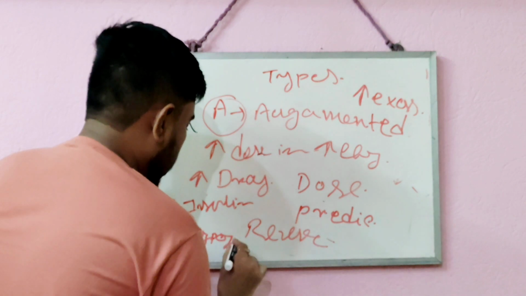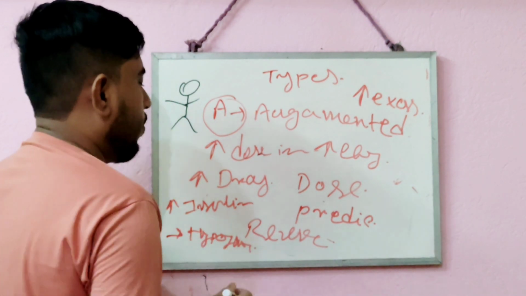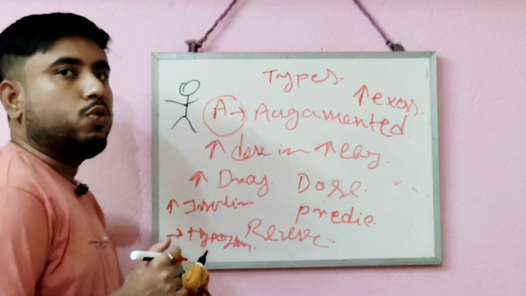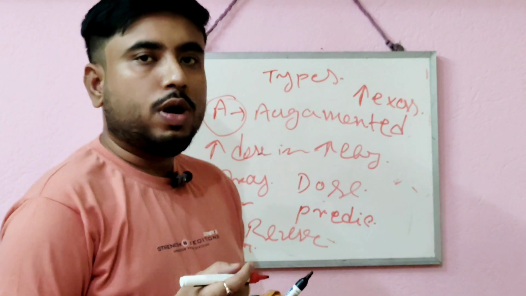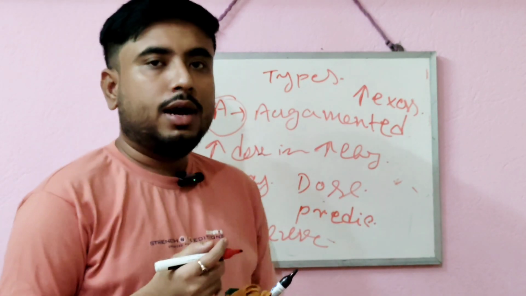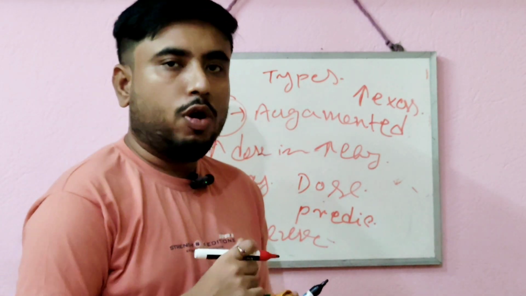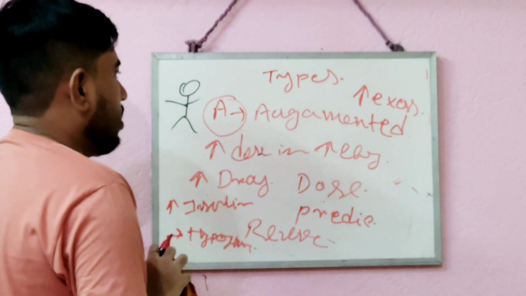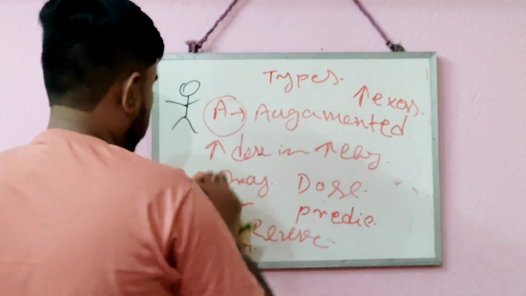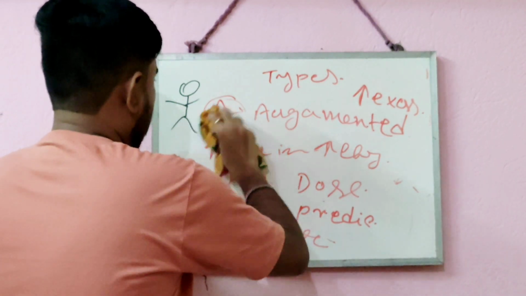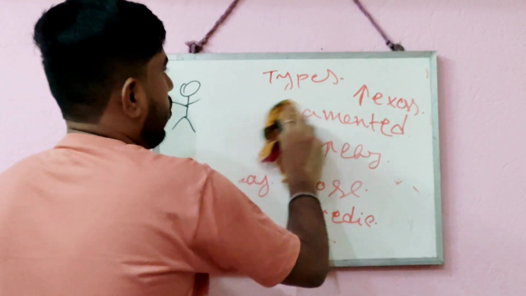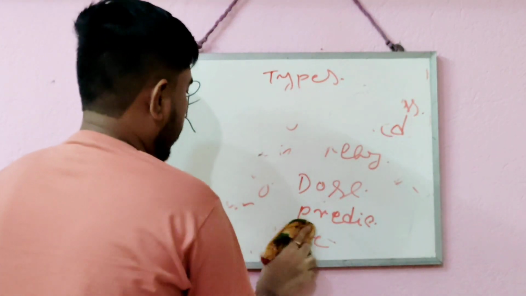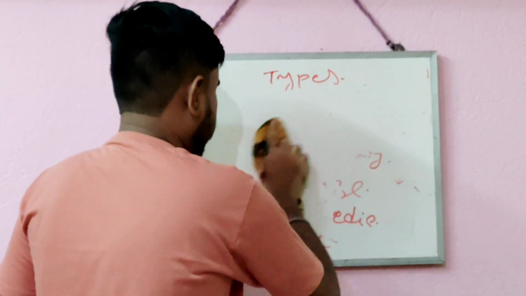That is an abnormal condition in our body in which the amount of sugar or glucose in the blood decreases below the normal level. So an example of augmented adverse drug reaction is hypoglycemia due to excess use of insulin.